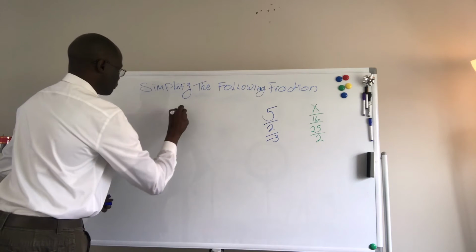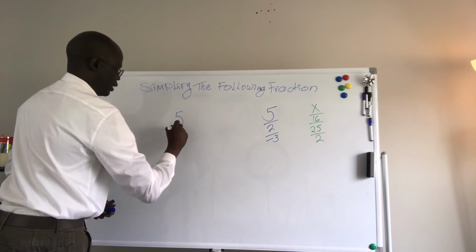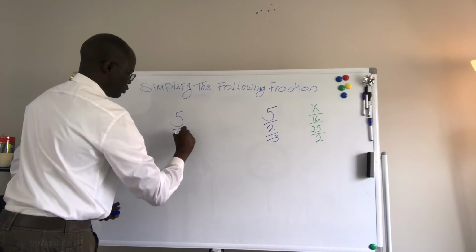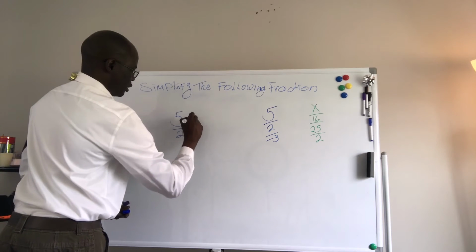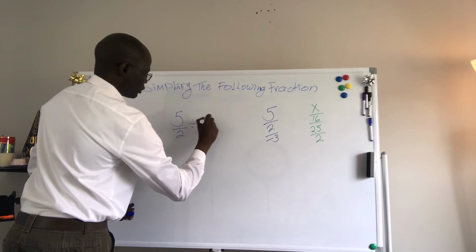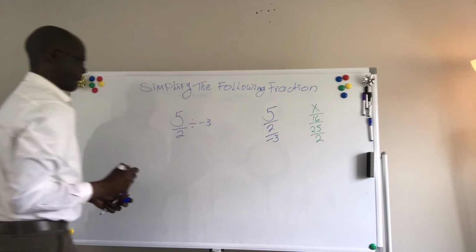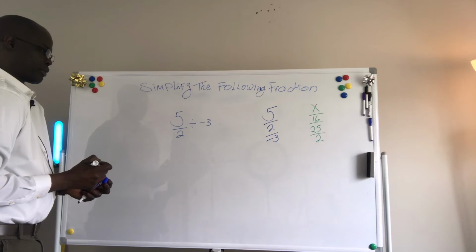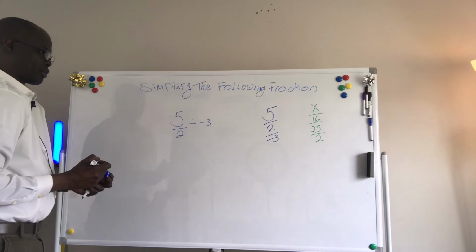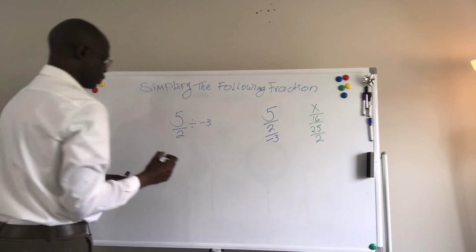The first one is 5 divided by 2 and the whole thing divided by minus 3. Take a look.